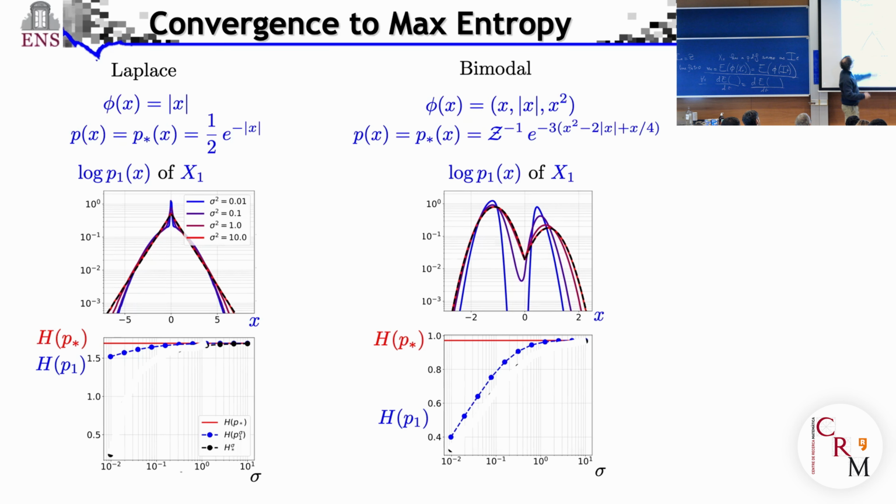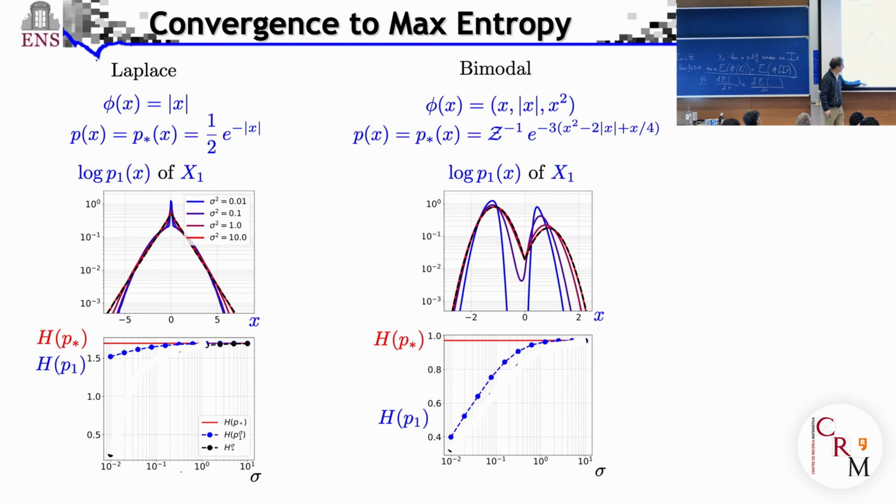When you compare to the solution obtained by the SDE, depending upon the amount of noise, you see that when the noise is too small, you have a peak which doesn't exist in the Laplace distribution. And when the noise increases up to 10, you finally reach the Laplace distribution. You can see it by checking the entropy of your solution. The entropy of the maximum entropy solution is over there. It's the Laplace distribution.